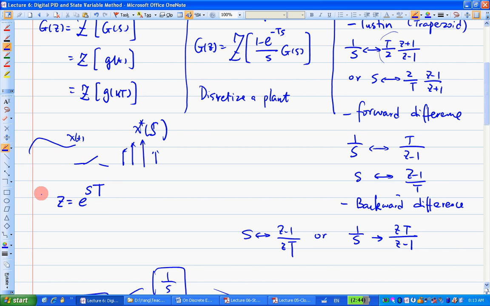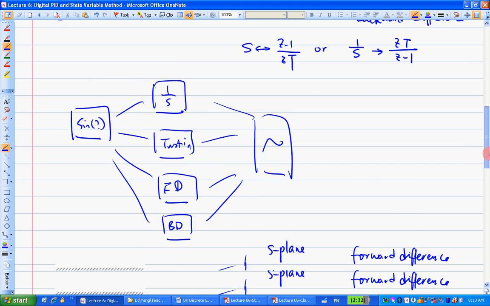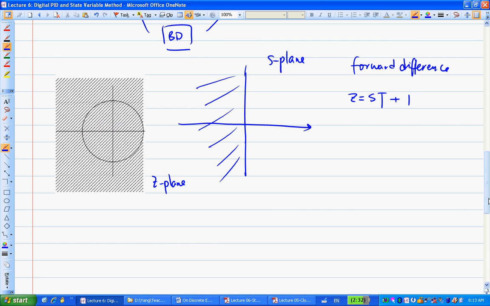Actually we're going to talk about this conversion or mapping in detail probably in 1 or 2 lectures later. But for the time being, let's come back here. This is the forward difference. So where would this left side here be mapped into the corresponding z plane? Where would that be?